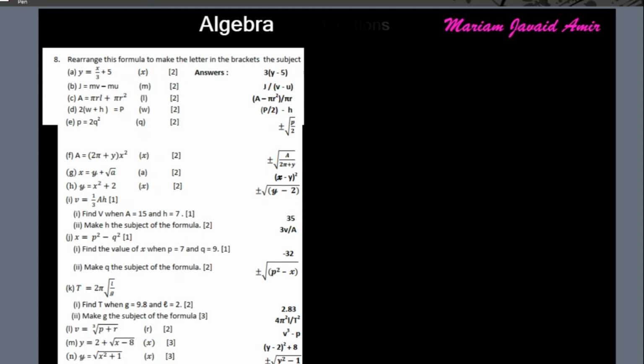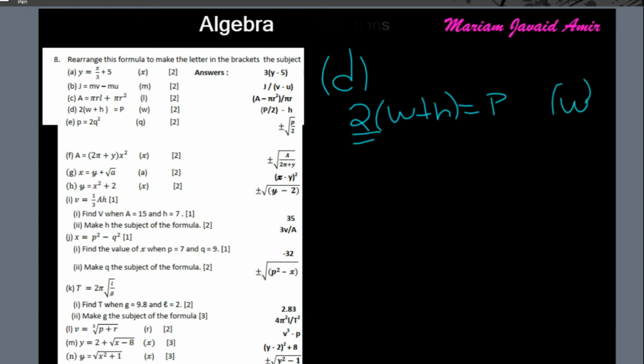Okay. Part D is 2w plus h equals p. I have to make w the subject, so I move the 2 to the other side first. It'll get divided with p. Next I'll send h to the other side. So p over 2 minus h.